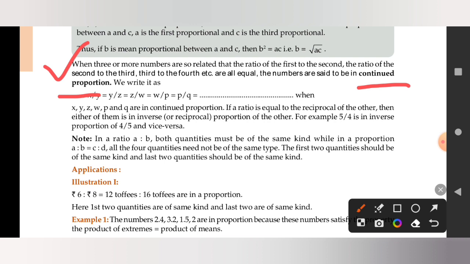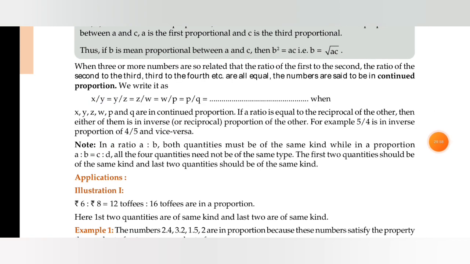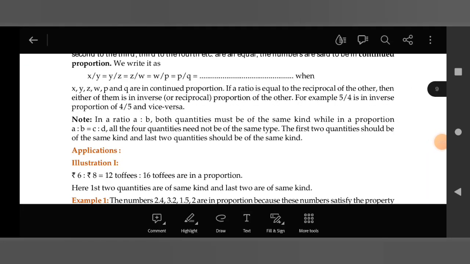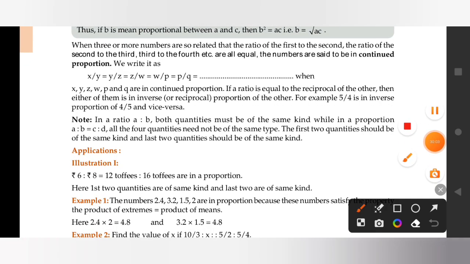So this is the definition of continued proportion. Let's read ahead. X, Y, Z, W, P, and Q are in continued proportion.